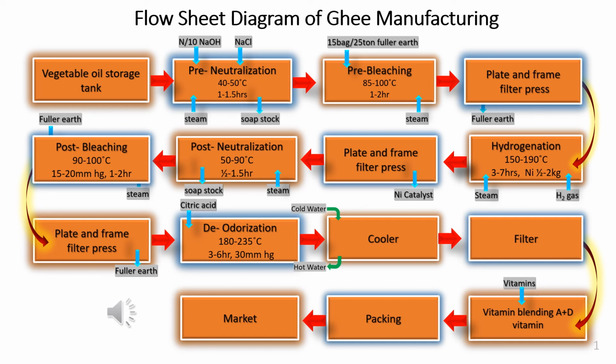So if there is a deficiency in the nutritional value of the oil, in the vitamin blending section we fulfill the nutritional values by providing vitamin A and D to the oil.